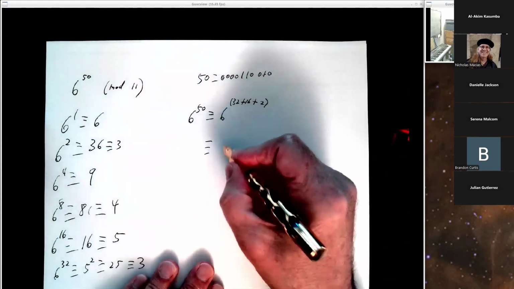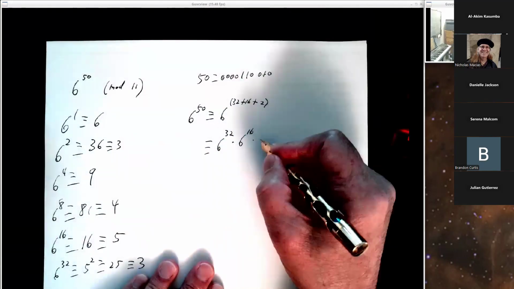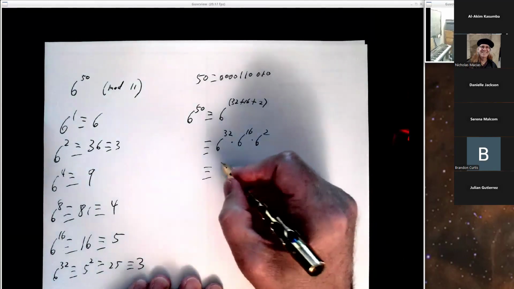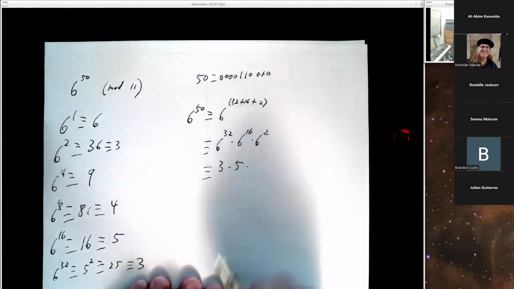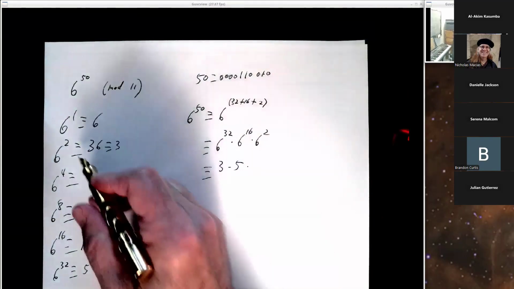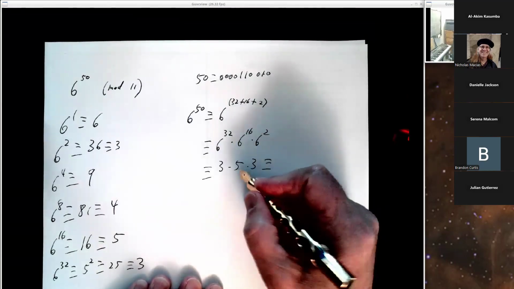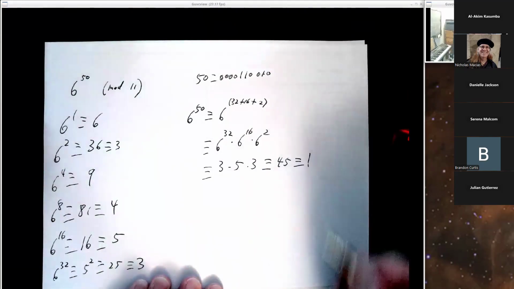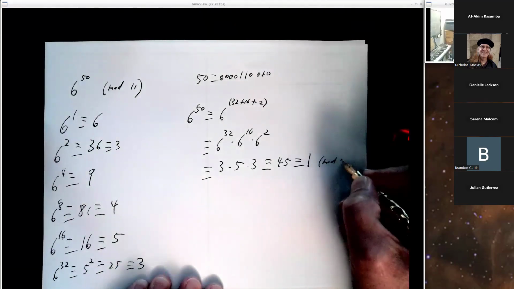And then law of exponents says this is 6 to the 32 times 6 to the 16th times 6 squared. 6 to the 32nd is 3. 6 to the 16th is 5. And 6 to the 2nd is 3. So 3 times 5 is 15, times 3 is 45, and that's 1 more than 44, so that's congruent to 1 modulo 11.